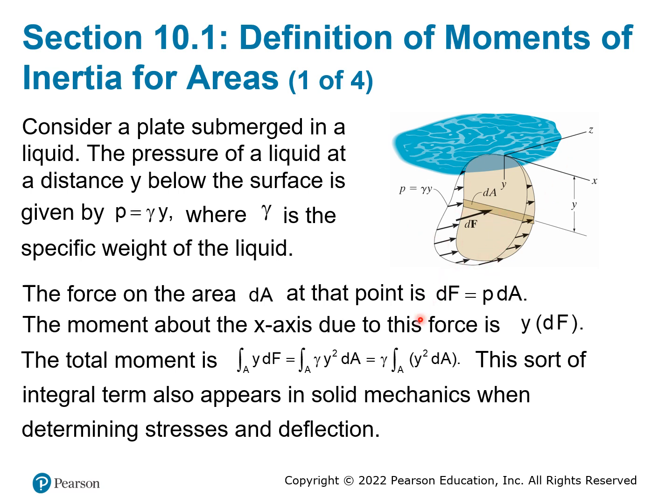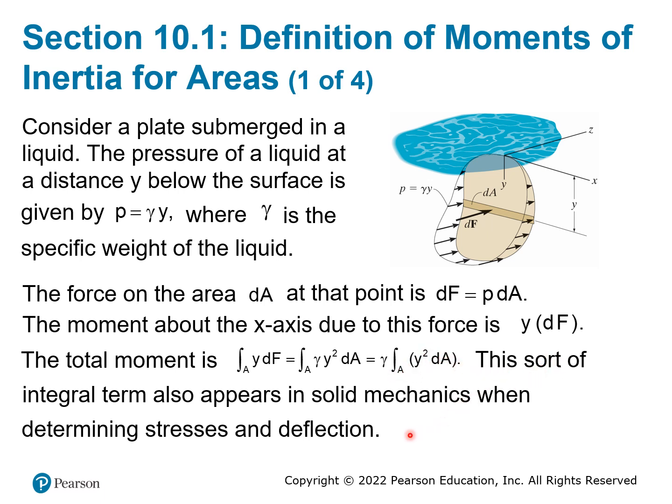That moment is equal to y times the force, where the force is equal to P times dA, and P is equal to rho times y. We put all these together and do an integration over the area to get the total moment, and that is the equation we end up with: rho times the area integral of y squared dA.